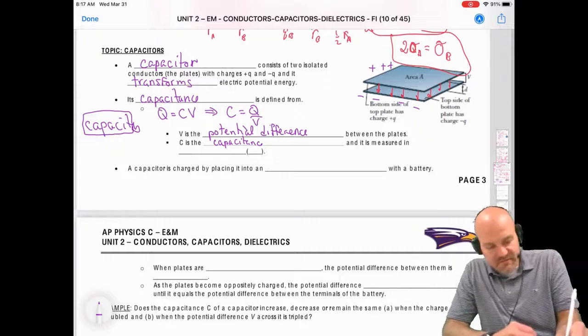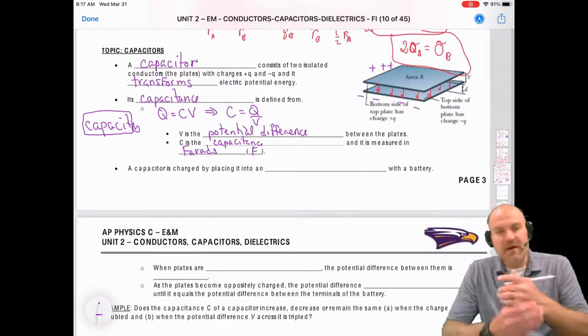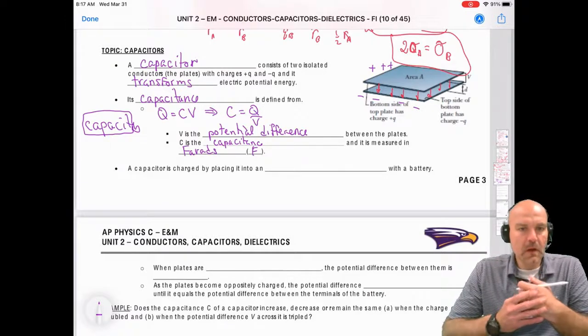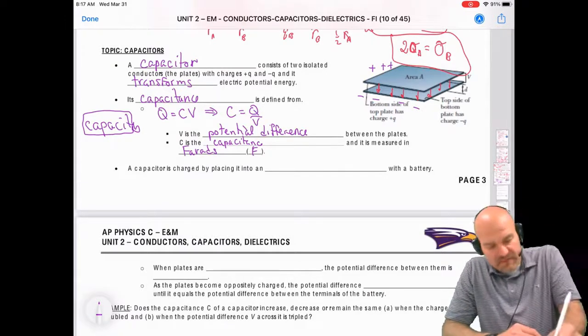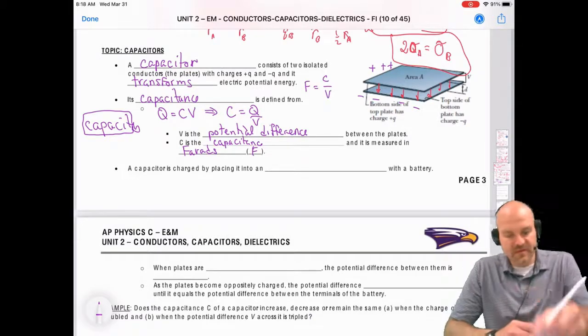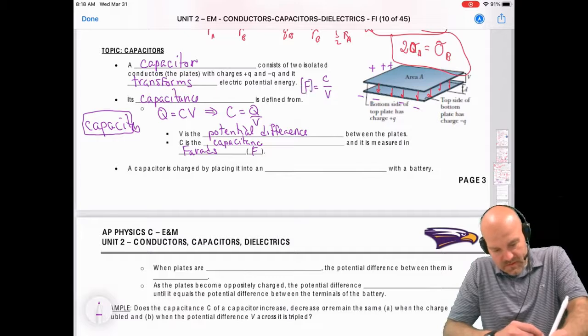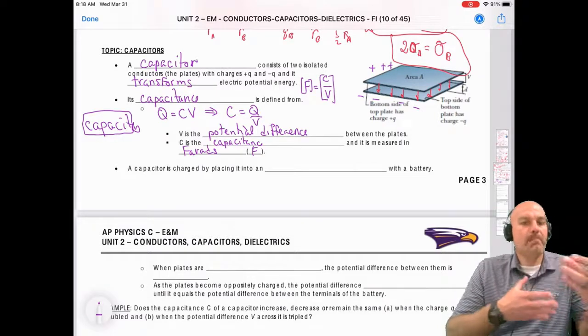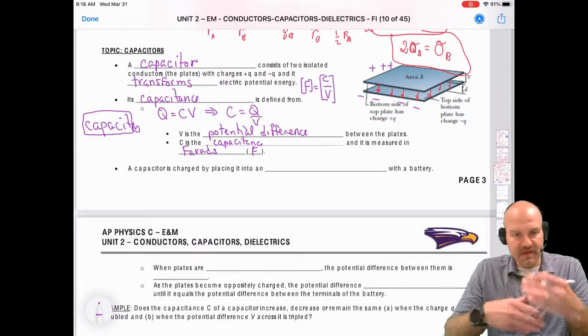It's measured in farads, and farads are named after Michael Faraday, who did research on electromagnetic induction. A farad is a coulomb per volt, so it's the amount of charge per volt that is given to it.